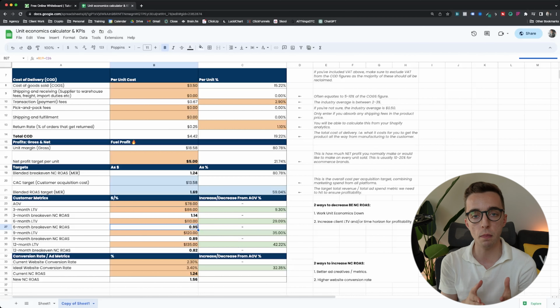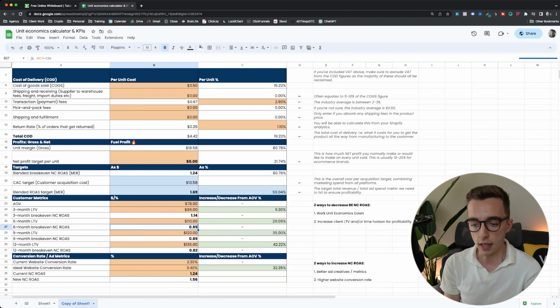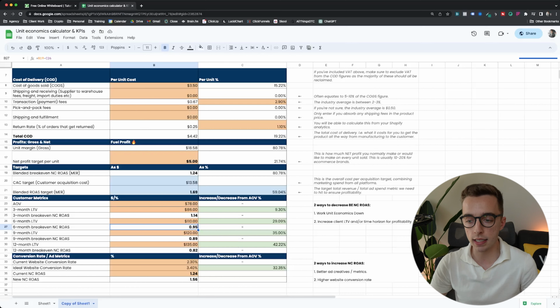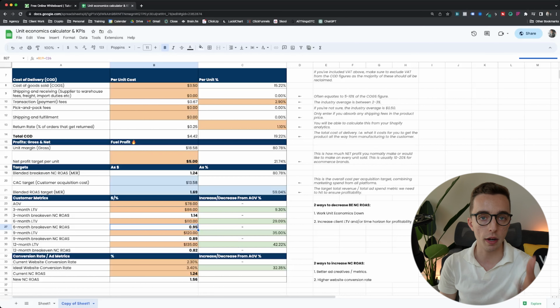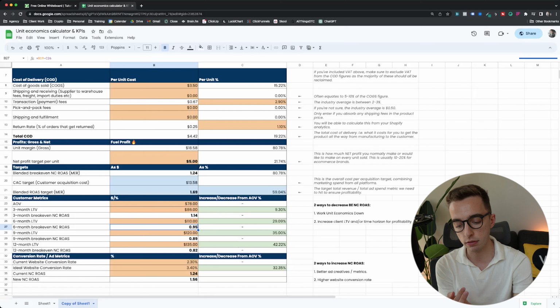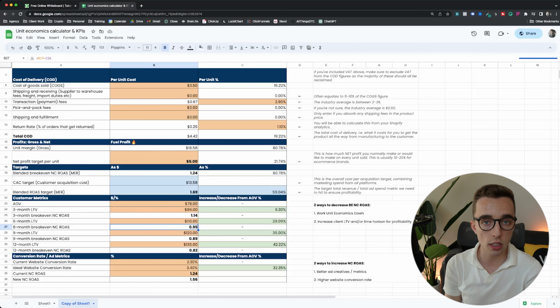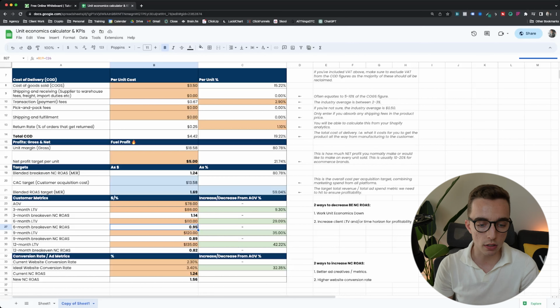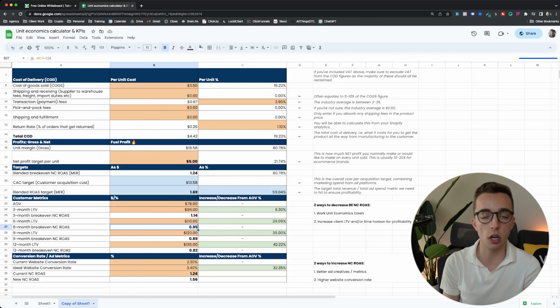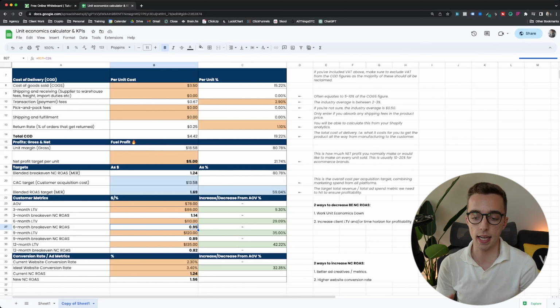So those are the scenarios where you want to be unprofitable in the short term. The last one where you might want to be unprofitable in the short term is if you manage to negotiate amazing deals with your credit card processors. You might have a very good credit margin. You might have some very good terms with your bank, where you have very low or non-existent interest for, let's say, 6 months, allowing you to pay back on your own terms a margin that you would have borrowed from the bank. Again, that could be good.